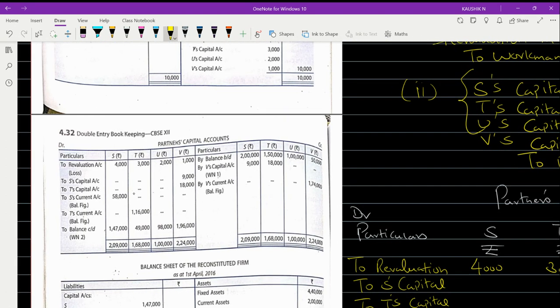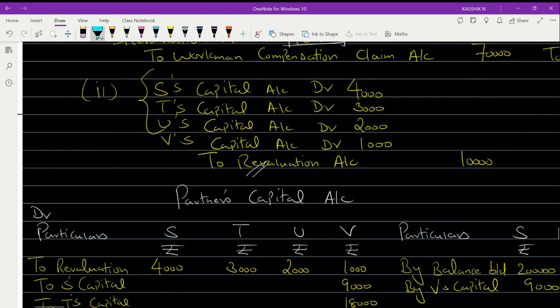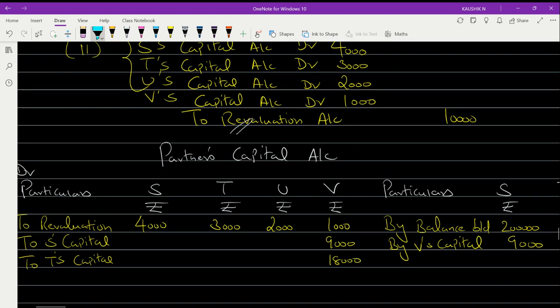If you look here, they would have also brought you by balance brought down, the amount of the partners given in the question, and then on the credit side by V's capital account, which we have also shown here. Can you see this? This and this we have brought from the given information.